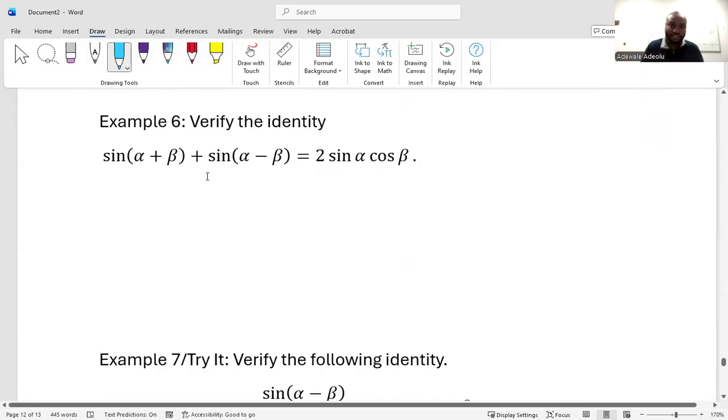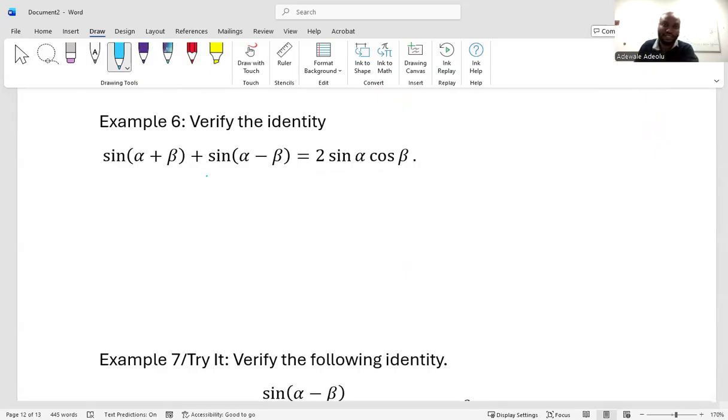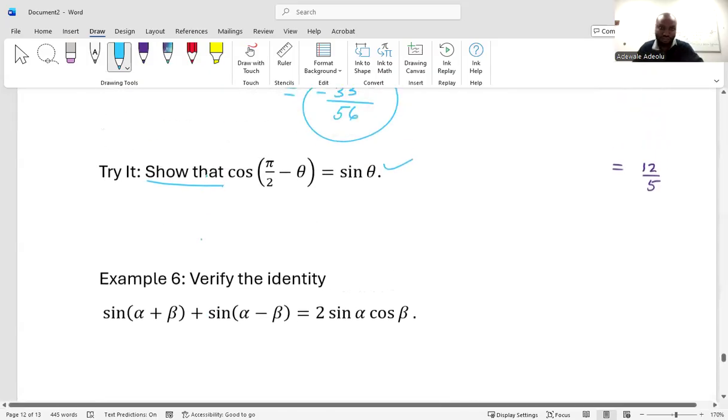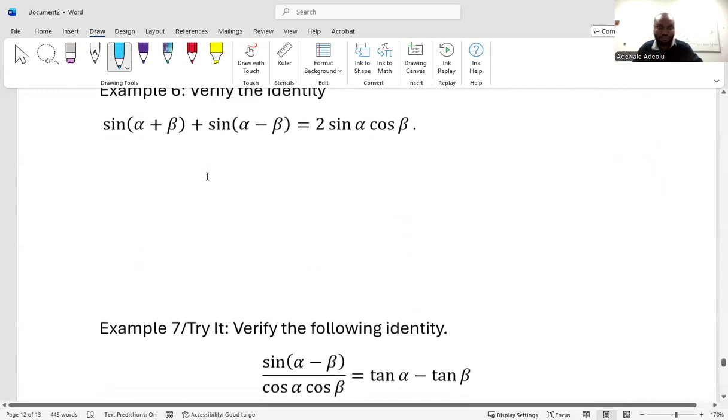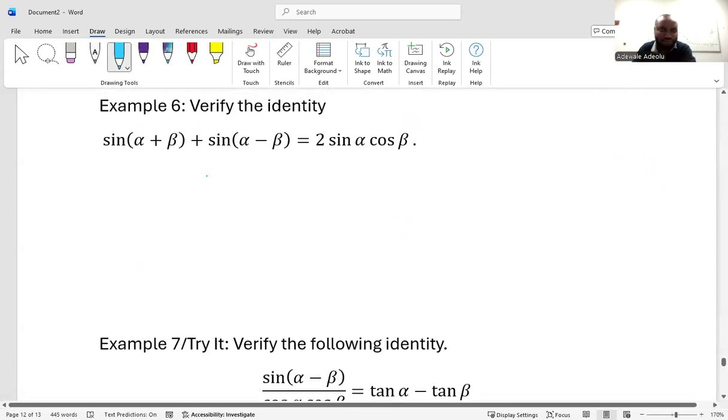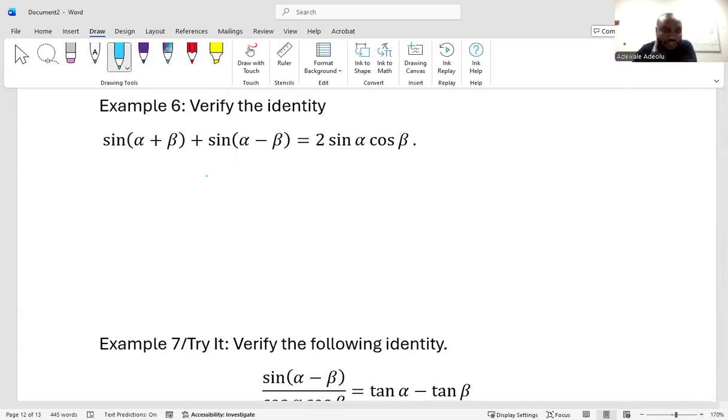Okay, this is an example. Verify this. This is similar to what I asked you to do here. How do we verify this problem? Again, I can see that the left-hand side is much more complicated. So I will start from the left-hand side, which is sine of alpha plus beta plus sine of alpha minus beta.